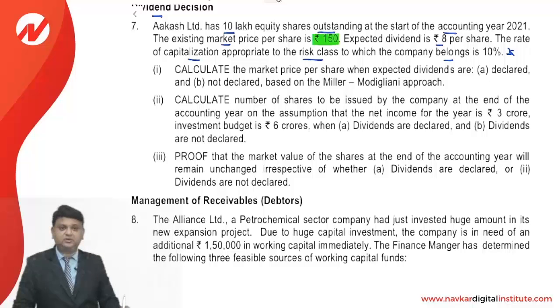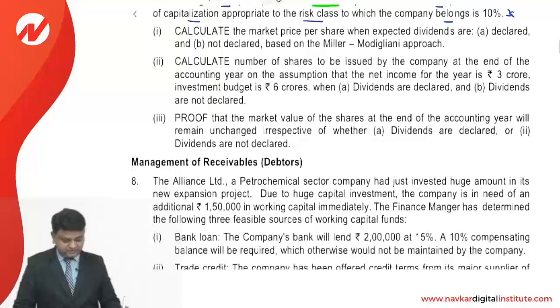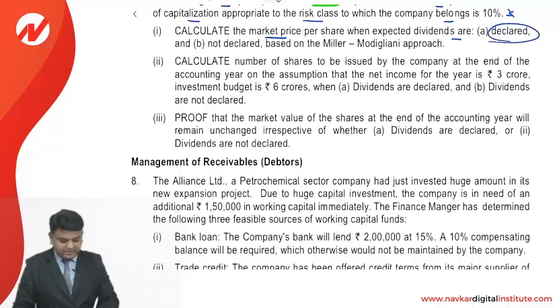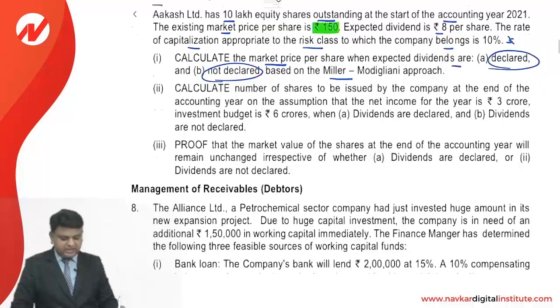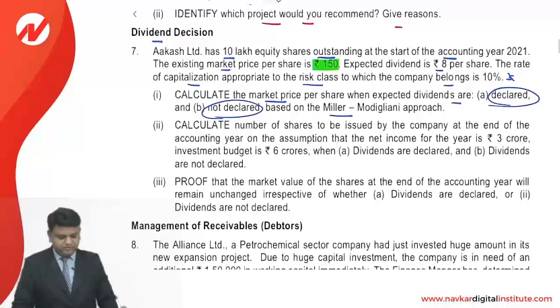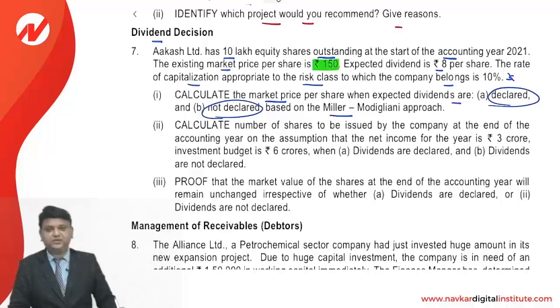So discounting rate or cost of capital is given as 10%. Calculate market price per share when the expected dividends are declared and when they are not declared. So if D1 is rupees 8, you are required to compute P1. If D1 is 0, you are required to compute P1 based on the Modigliani-Miller approach. So we are required to compute the P1 for different D1.